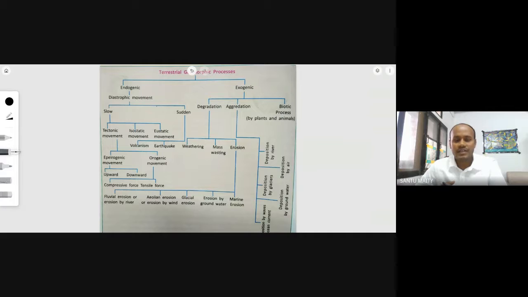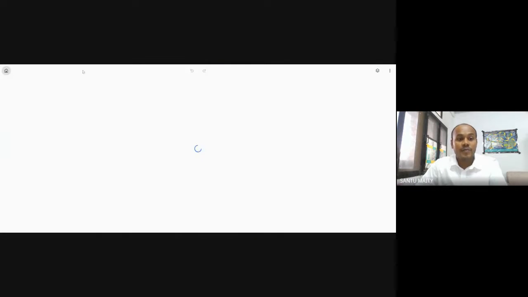Okay, there is a famous geographer named William Morris Davis, who stated that the landform which you can see on the earth's surface is the function of structure, process, and stage. Three terminologies mentioned by William Morris Davis.